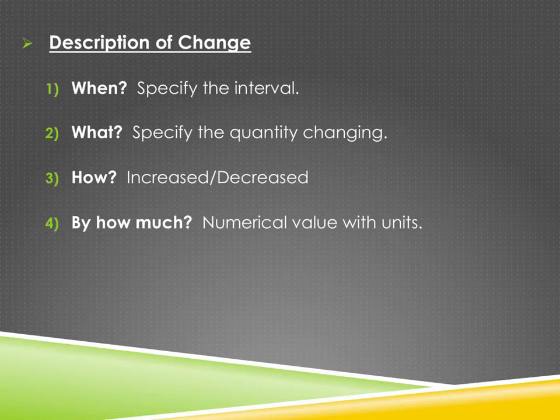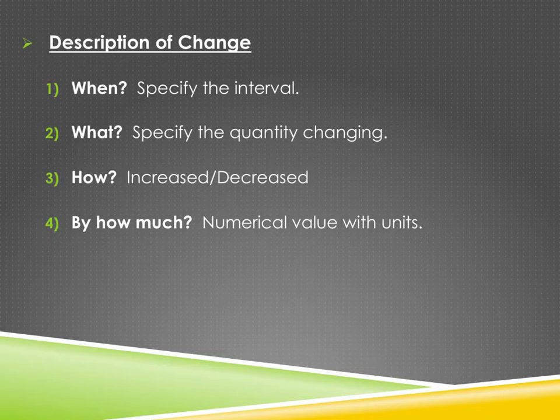How? How just indicates did it increase or did it decrease? And it's in the past tense because it's always over an interval of time. So it increased by something or it decreased by something. It's pretty easy. Usually it has to do with the sign. Did you get a positive sign or a negative sign? If you got a positive sign, it increased. If you got a negative sign, it decreased. And then the by how much indicates the amount that it increased or decreased.